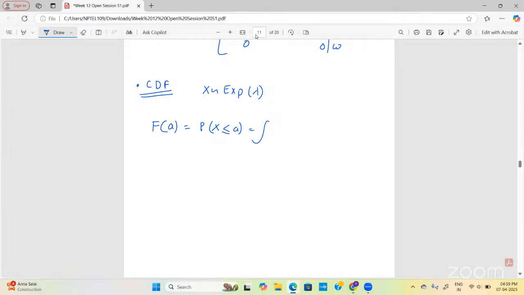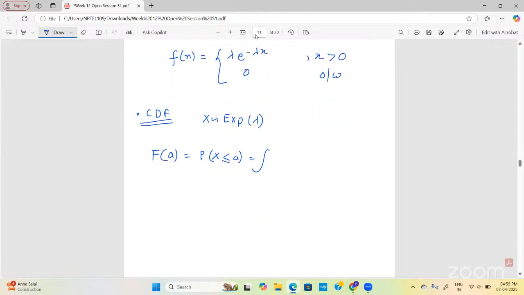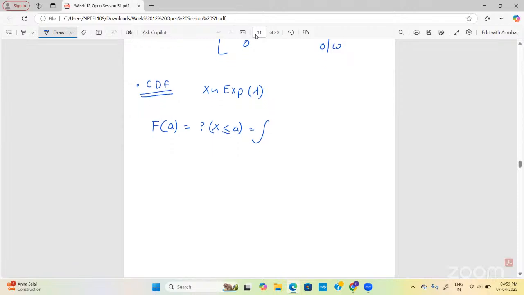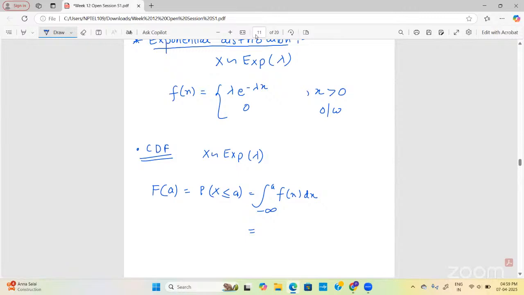Now tell me what should be the range. First of all, I am writing it in general: minus infinity to the upper point, which is A, of f(x) dx. Now tell me how I should break it according to the range. You can go for minus infinity to 0, and 0 to A, right?